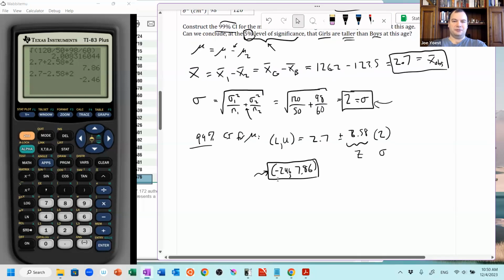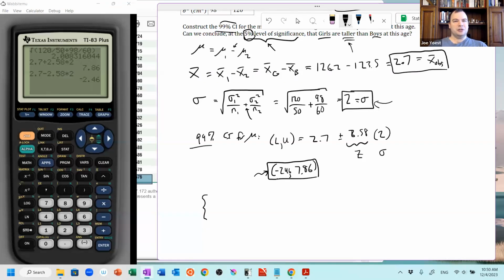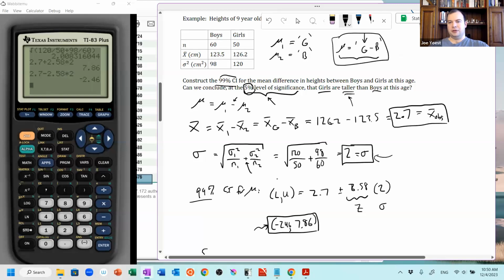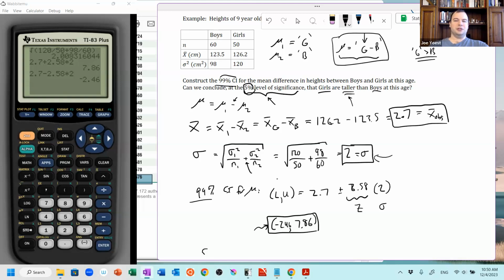Okay, so we want to test at the 5% level whether girls are taller than boys. This is also a very important detail, that we're only testing in one direction. In other words, my alternative, if we're testing whether girls are taller than boys, means mu bigger than 0.